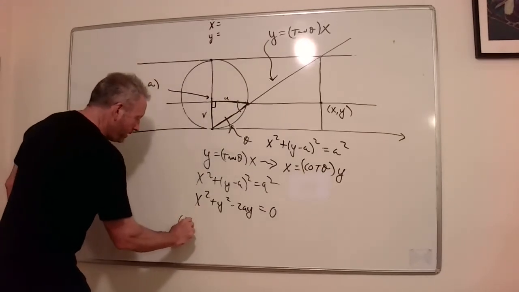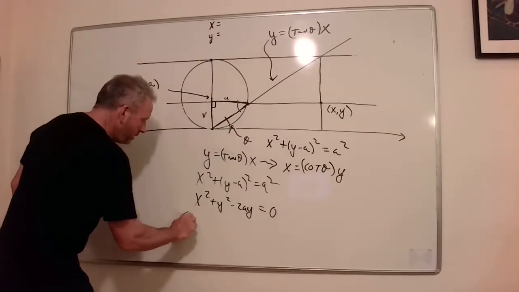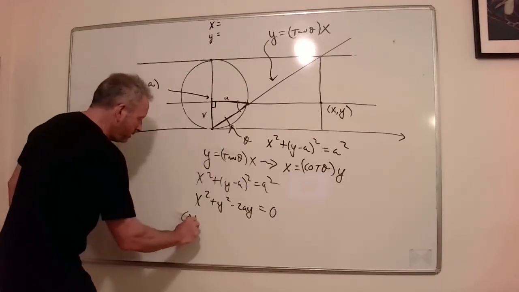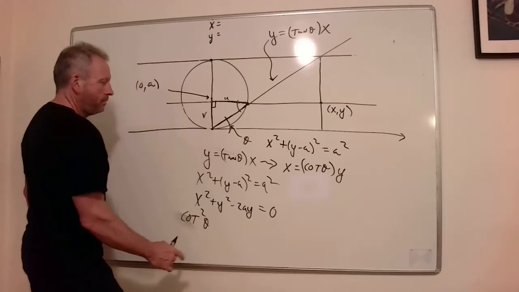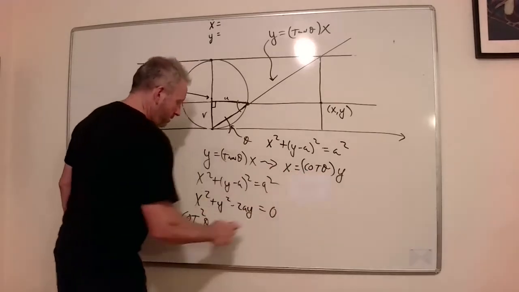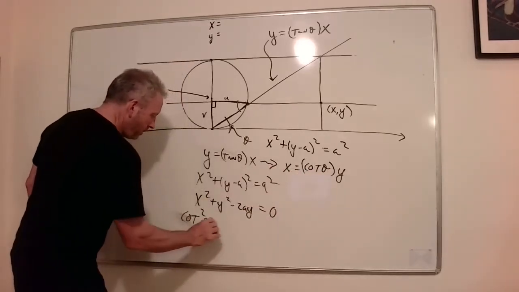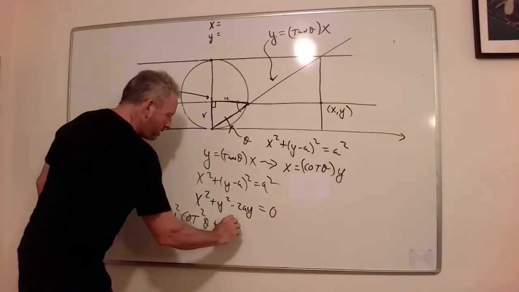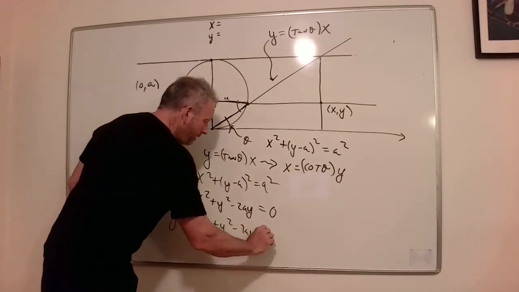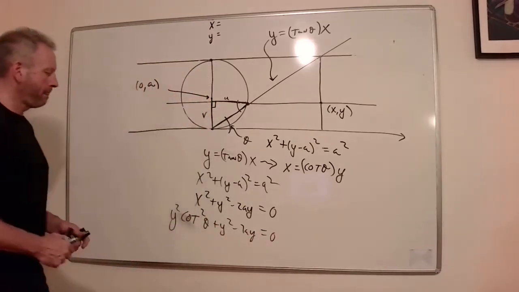So we'll get cotangent squared of theta. So x is equal to this, so we square this. I'll put the y squared out in front like that. Cotangent squared theta times y squared plus y squared minus 2ay equals 0.